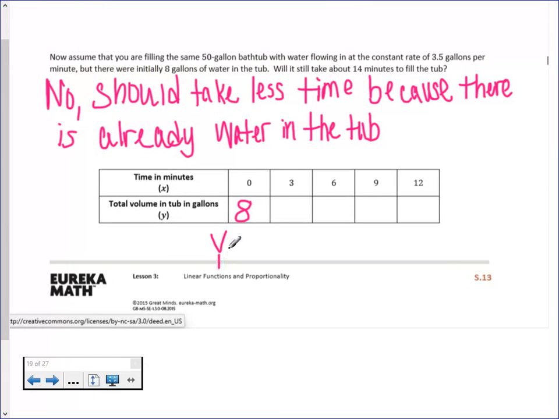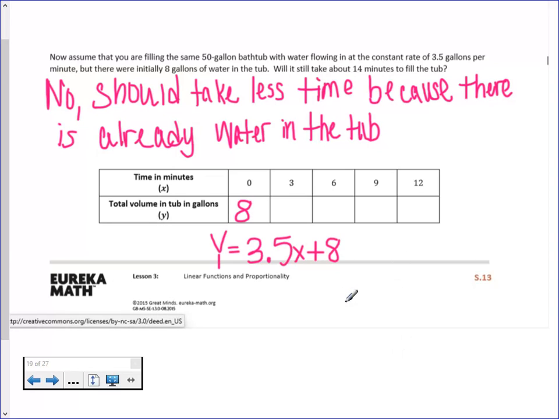It fills up at the exact same rate, which was 3.5 gallons per minute. But we have to add something to this equation because we know how many gallons we start with. We start with 8 gallons, so we have to put plus 8 at the end of our equation. Still goes at the same rate, but we have those 8 gallons you can't just forget about. You have to put that in your equation somewhere.